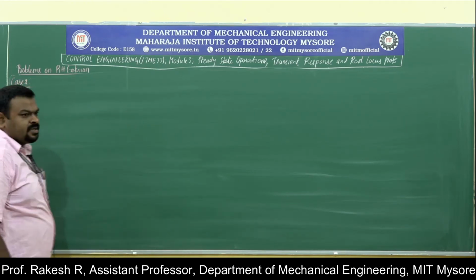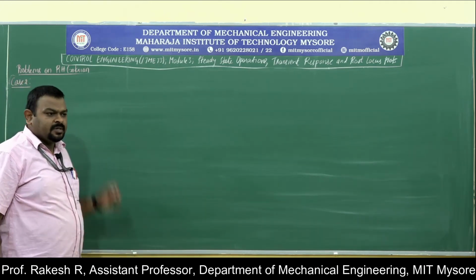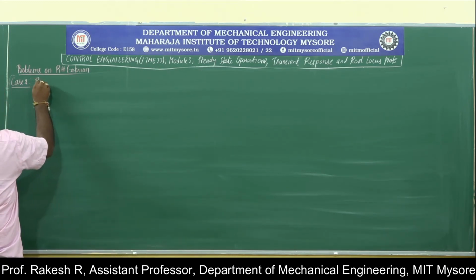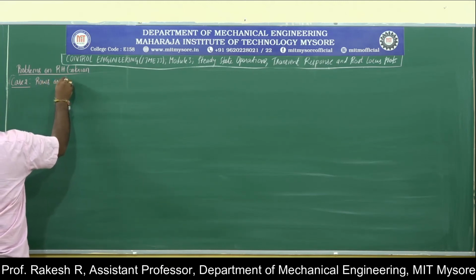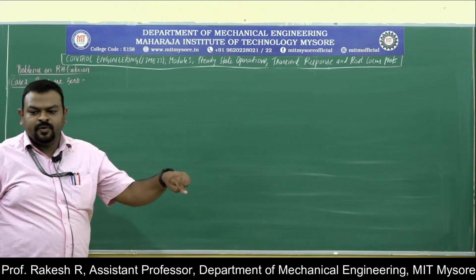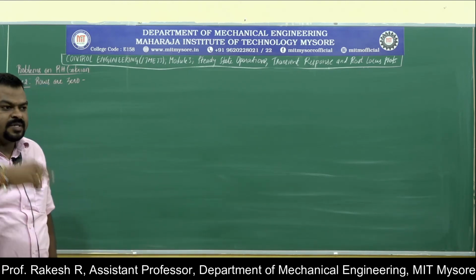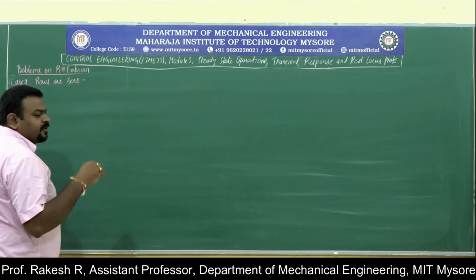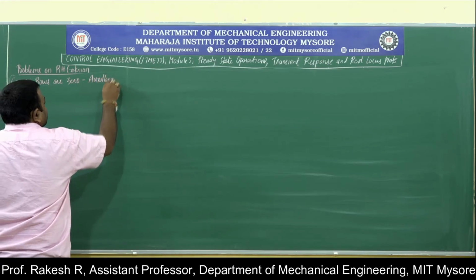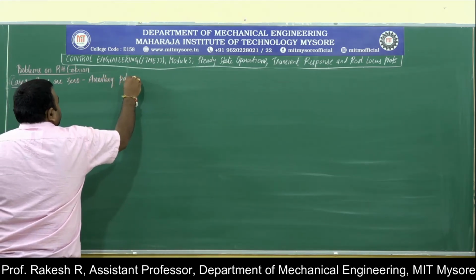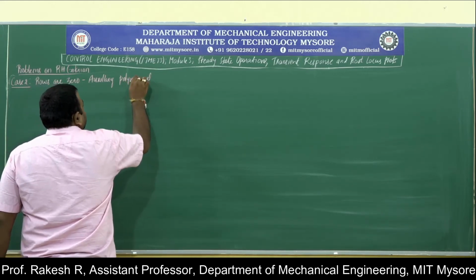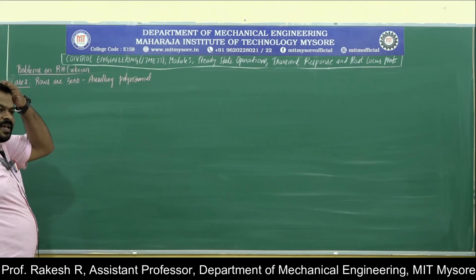Case 2 is if there are zeros in a row, that means if one of the rows is completely zero, then what we will do is we will form an auxiliary equation, and hence this rule is called the auxiliary polynomial.